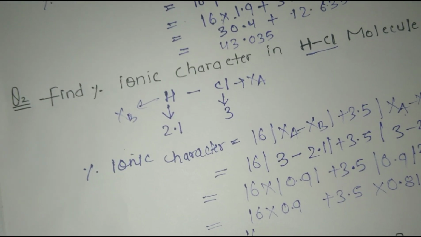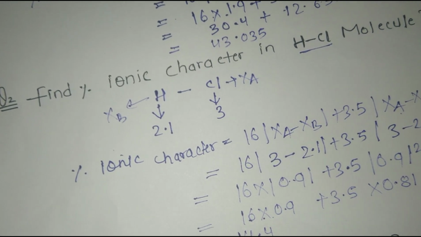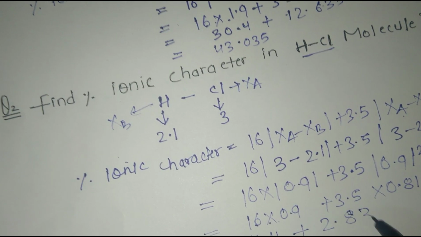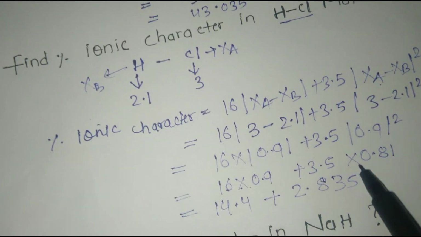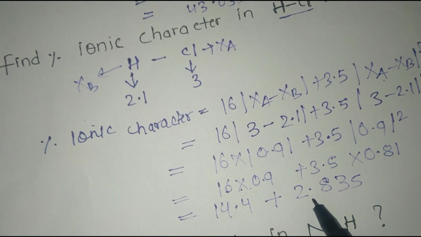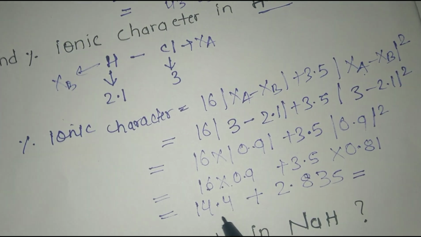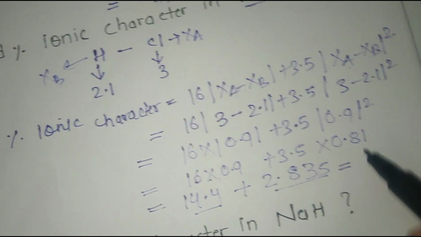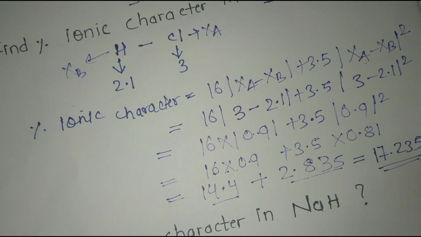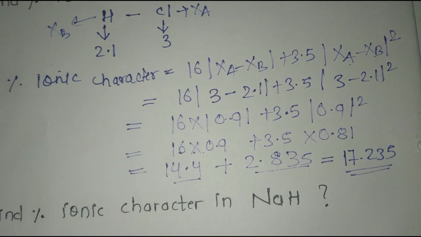Multiplying 16 and 0.9 gives 14.4, plus 3.5 multiplied by 0.81, which comes out to 2.835. When you add 14.4 and 2.835, it comes out to 17.235. So this is the value of the percent ionic character in the HCl molecule.